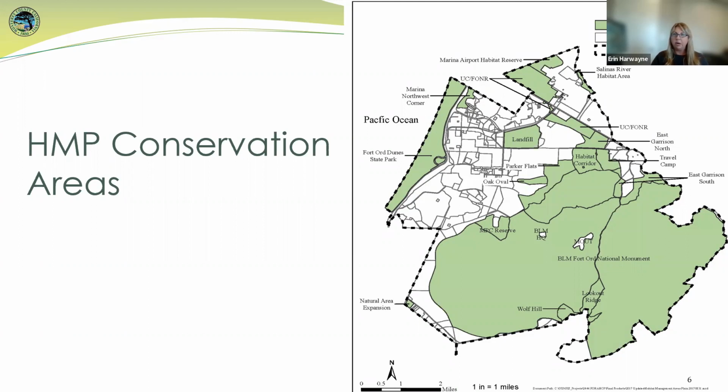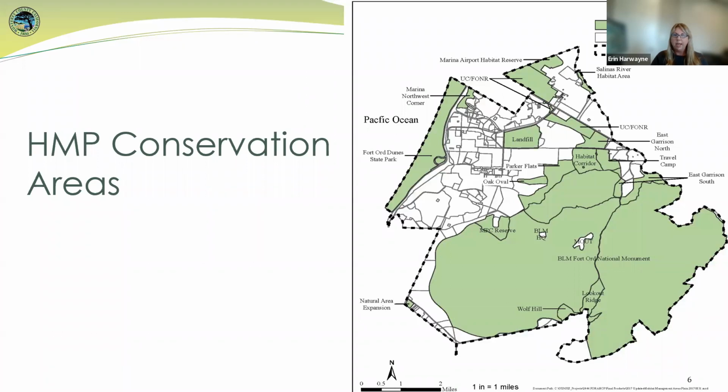And then the green parcels have various designations that require various levels of habitat management, from reserve level to basically some allowable development may occur in those areas, or some restrictions may occur.